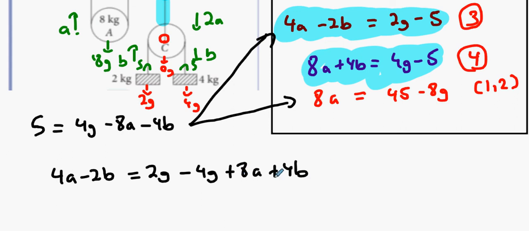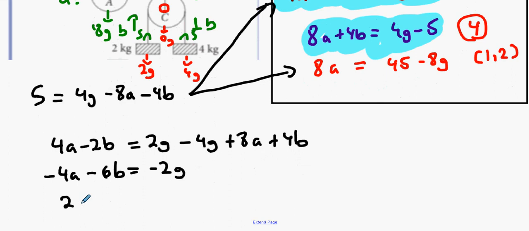I'm going to transfer everything to the right, so it's going to be 4a take away 8a, which is minus 4a, minus 2b minus 4b, which is minus 6b, take away 4g, which is minus 2g. I'm going to divide both sides by minus 2. I'm going to get 2a plus 3b equals g.